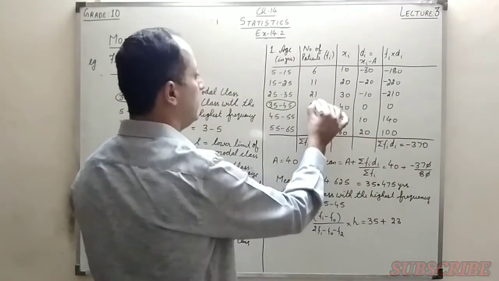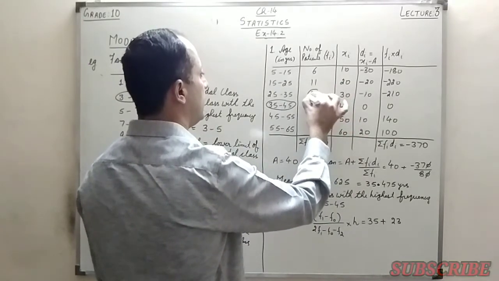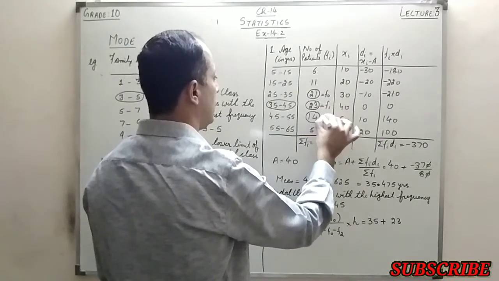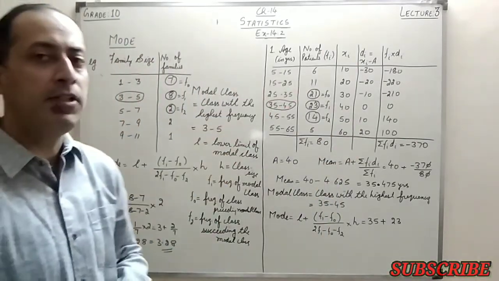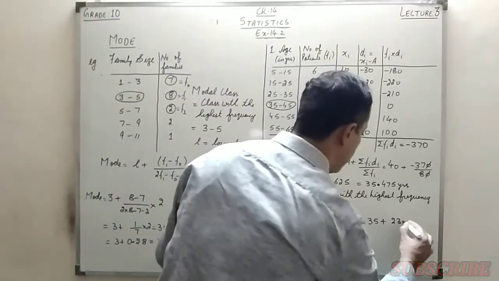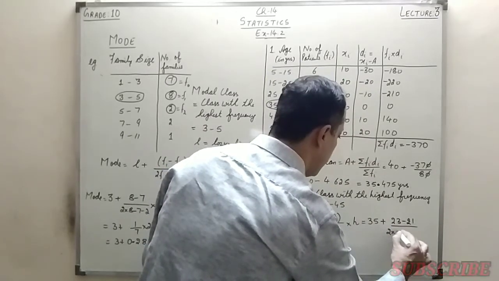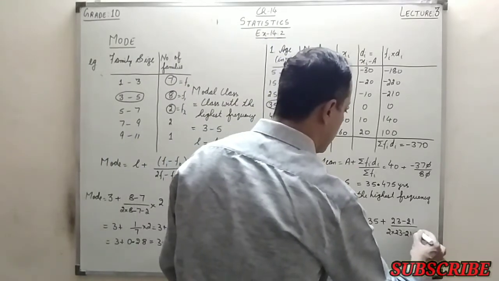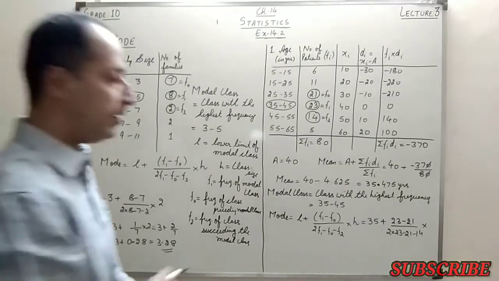So this is our f1, and this is our f0 and this is our f2. Now these numbers are different from the fi's we take in the case of mean, right? So this is 23 minus 21 upon 2 multiplied by 23 minus 21 minus 14 and multiplied by h, the class size, and that is equal to 10.